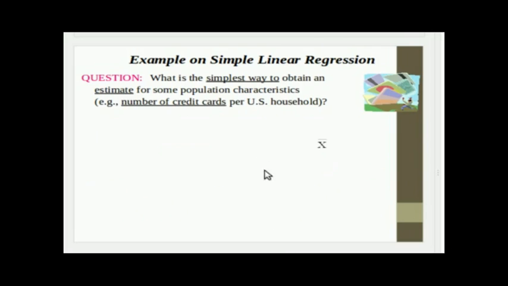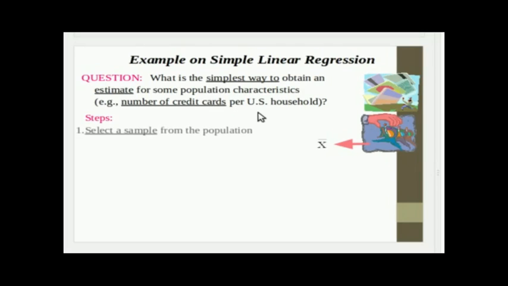So next, what is the simplest way to obtain an estimate for some population characteristic? For example, the number of credit cards per US household. The steps for solving such a problem: select a sample from a population, compute the mean for the sample. The general notation for the mean is x bar, and we are picking a sample from the data set.